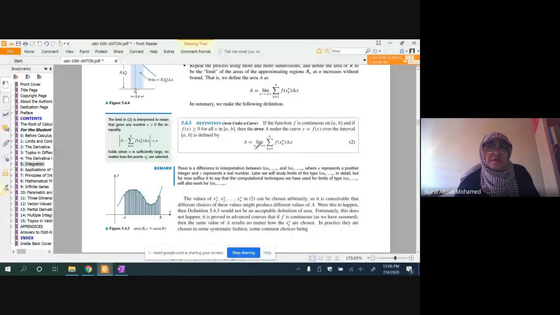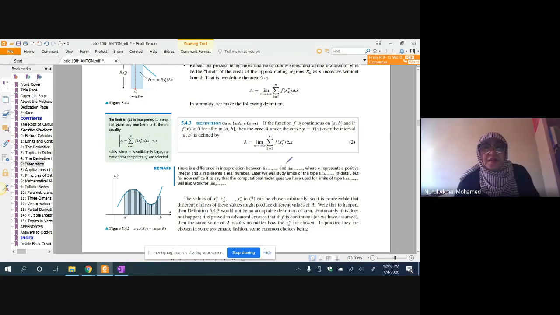So it's assumed that n, the number of subintervals, tends to infinity. It means that you divide this interval into n which is very close to infinity.